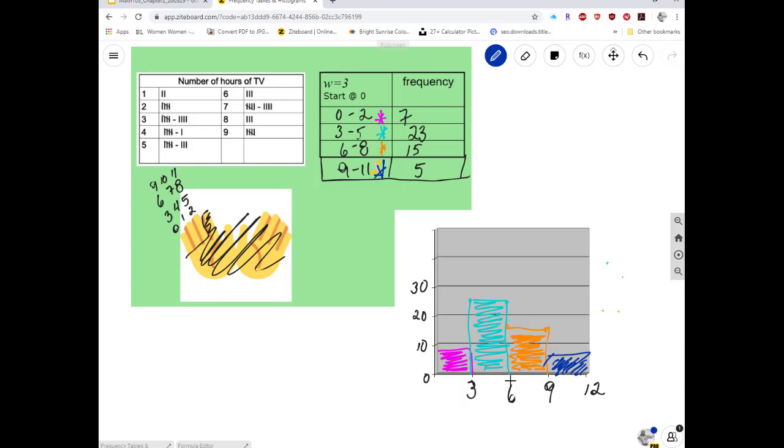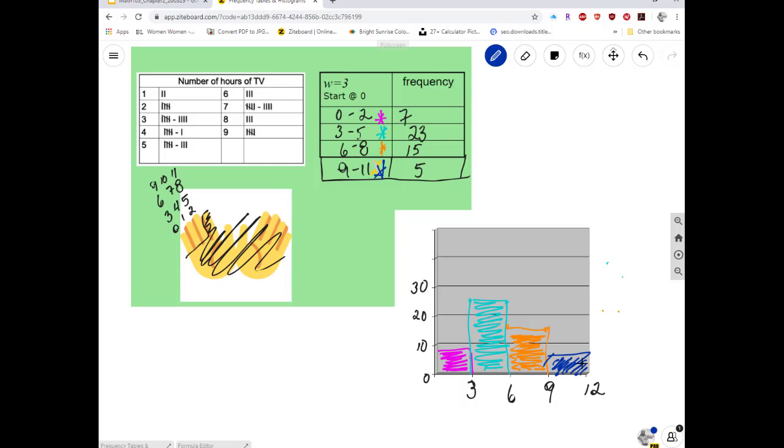And through this interval is going to be 6, 7, 8, and everything until we get up to 9. So 8.99999999999 is still going to be orange. And then the last interval, 9, everything until we got to 11.999999 and so on would be in this blue box.